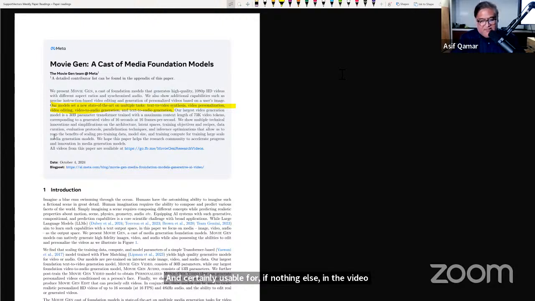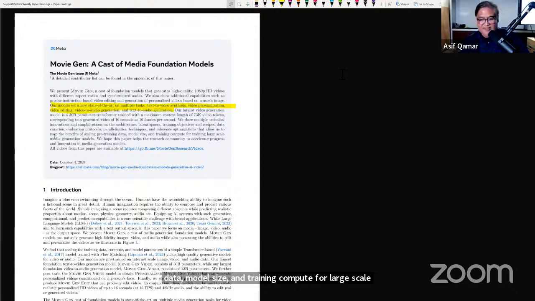We show multiple technical innovations and simplifications on the architecture, the latent spaces, training objectives and recipes, the data curation, evaluation protocols, parallelization technique, and inference optimizations that allow us to reap the benefit of scaling pre-trained data, model size, and training compute for large-scale media generation.